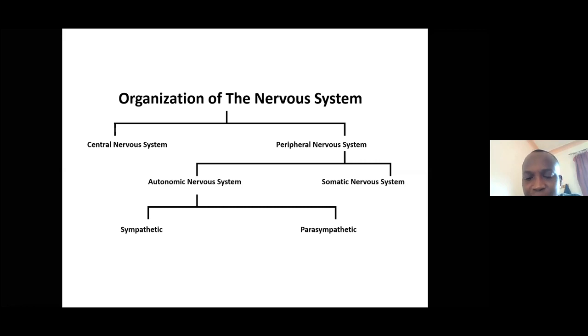But one of the things that confuses people is the urinary system. So the urinary system in times of sympathetic stimulation causes urinary retention, because if you're running away, you do not want to go and pass urine. It's something that confuses people many times.